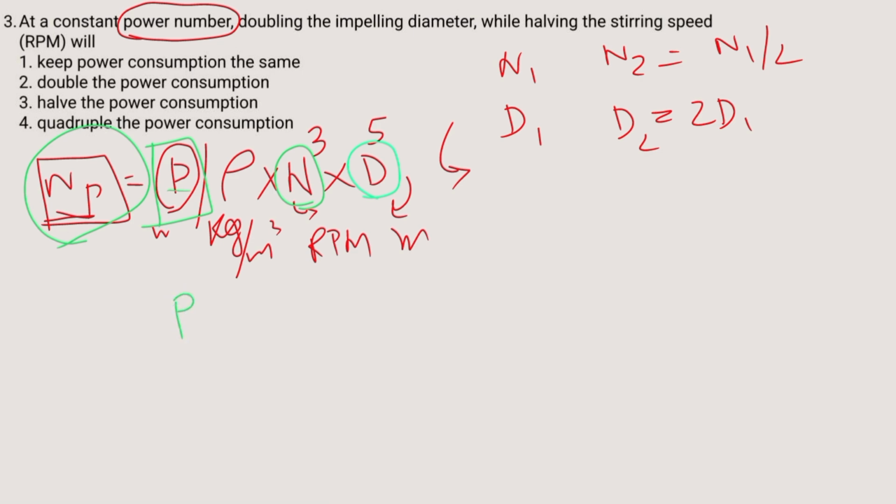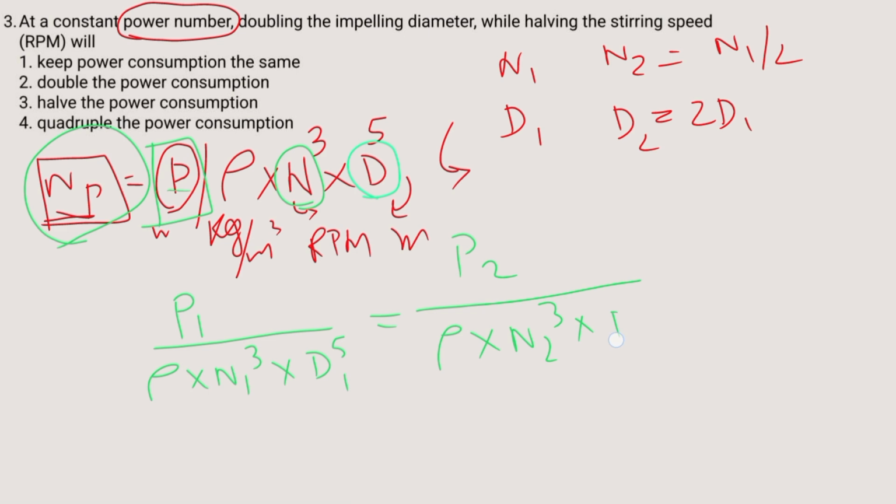Here, P1 by rho will stay constant because we are not changing the liquid, and this is N1 cubed and D1 to the power 5, which will be equal to P2 by rho into N2 cubed and D2 to the power 5.